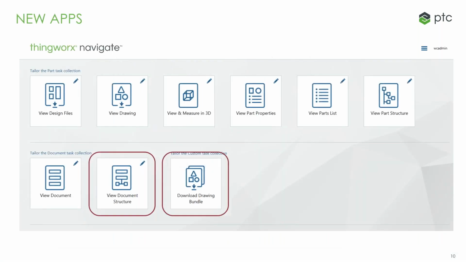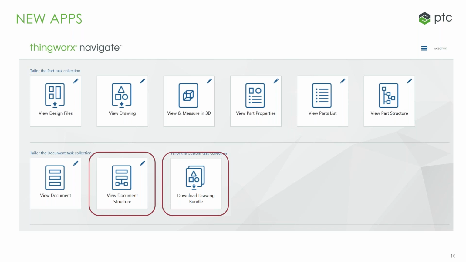If we take a look at the Navigate apps themselves, here's a list of some of the common Navigate apps, and the ones I highlighted in the red boxes are some of the new ones that have been included in Navigate 1.5, the View Document Structure and the Download Drawing Bundle app. And each of these can be edited.